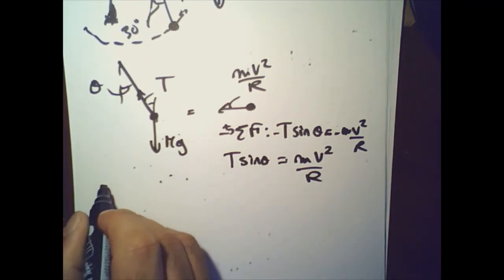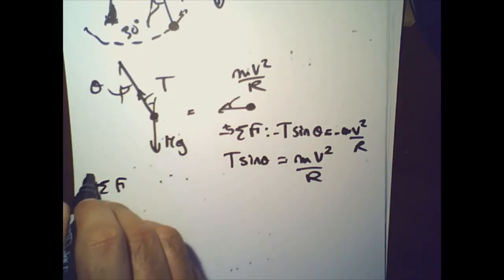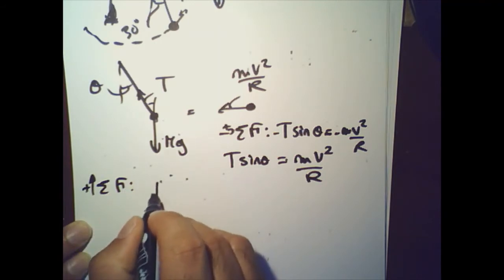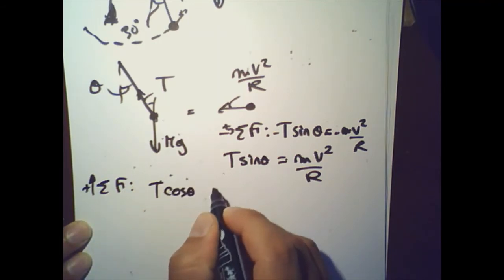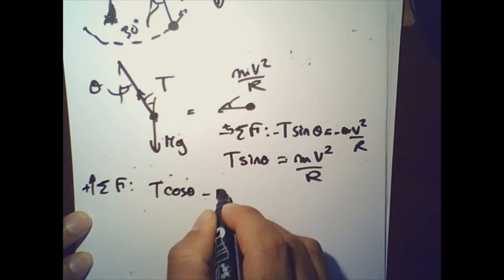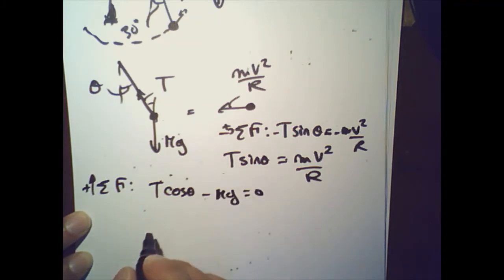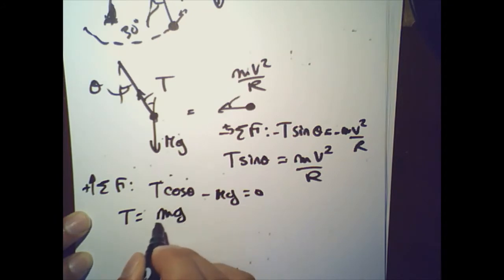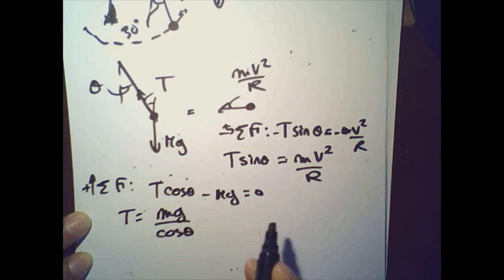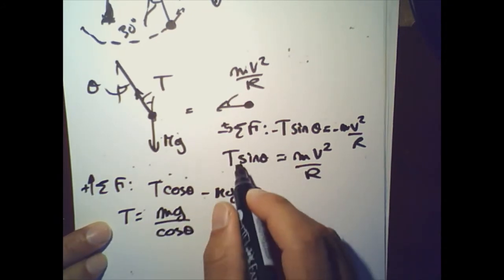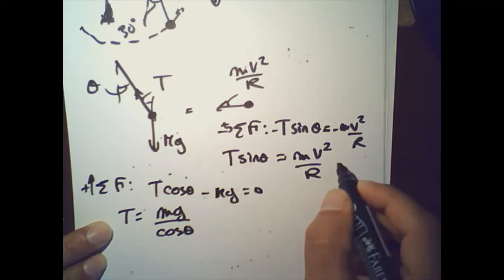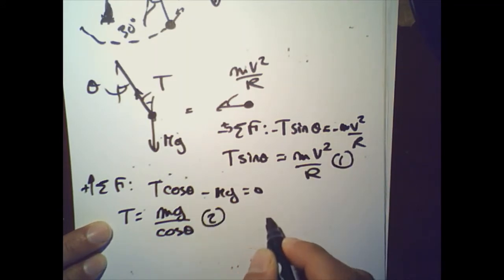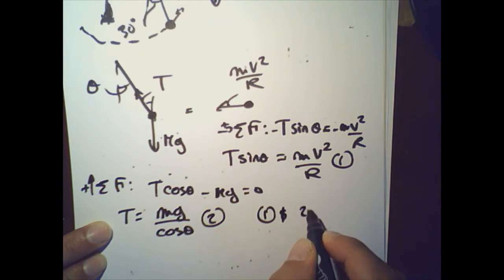So to find the tension, I'm going to have to sum the forces in the upward direction. That would be T cosine theta minus mg equals 0. So T is equal to mg over cosine theta. I'm going to take this T and put it into equation 1, using equations 1 and 2.